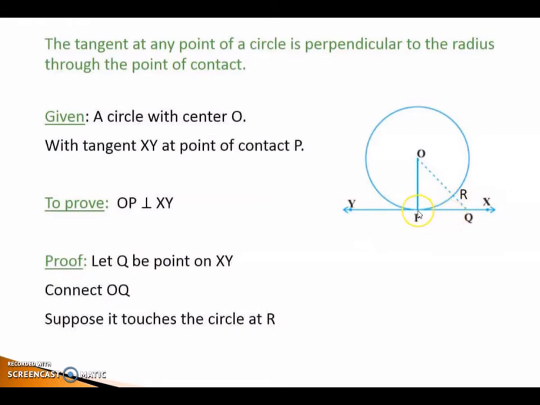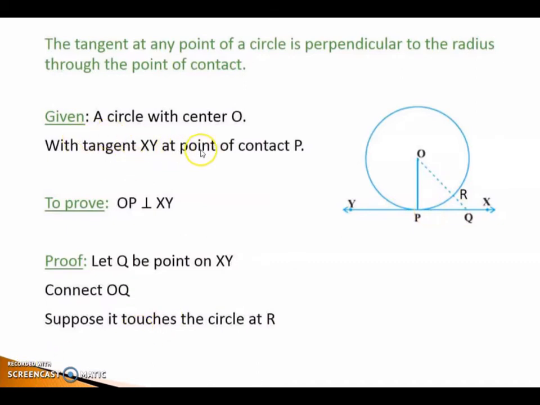It touches the circle at the point P. The radius OP, you have to prove, is perpendicular to XY. Tangent at any point of a circle is perpendicular to the radius, which radius? The radius which goes through the point of contact is perpendicular to the tangent at the same point of contact. This is what you have to prove.